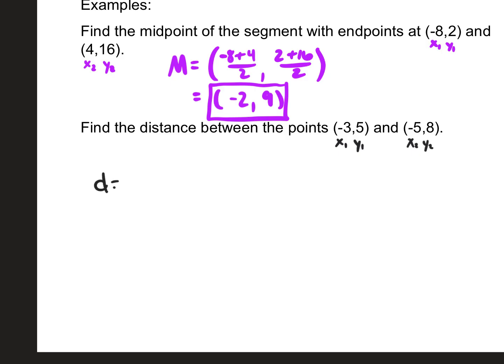But the distance then would equal the difference of the x values. So if I did -5 for x2 minus x1 would be plus 3 then, quantity squared, plus, and then it's the difference in the y value, so that'd be 8 minus 5, quantity squared.